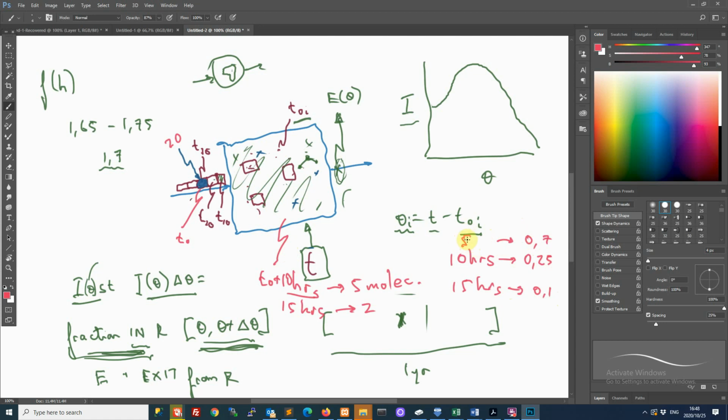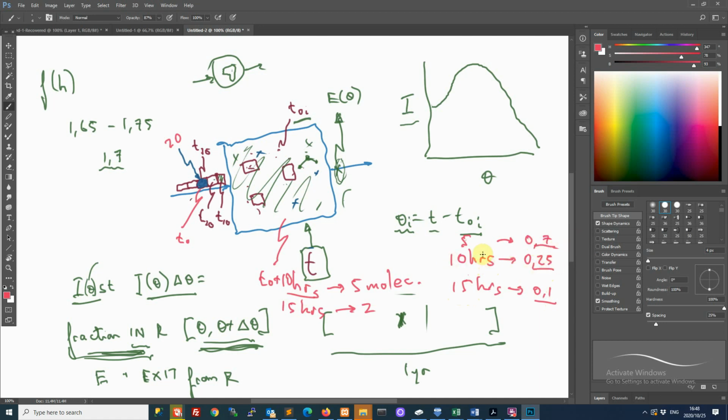So you see here, this number is then the age, right? We are asking about what happened 10 hours after t0. So the age of those salt molecules is 10 hours. And similarly, we can ask about salt of age 15 hours. We figure out that there's 10% left and so on.